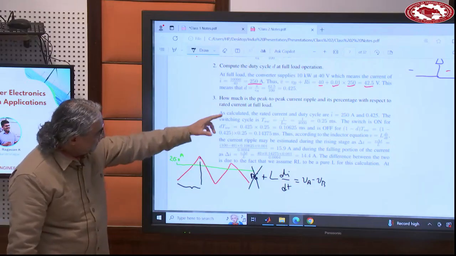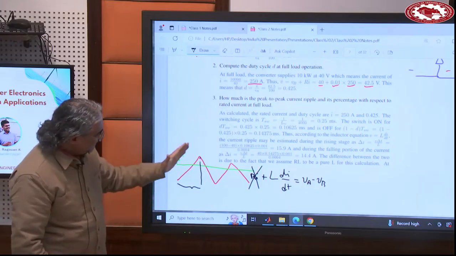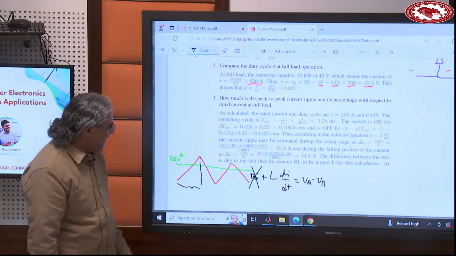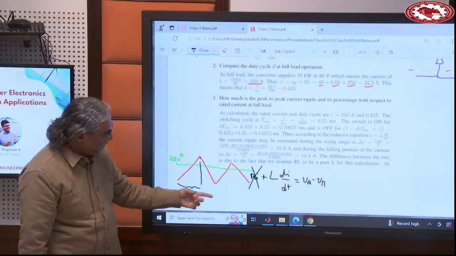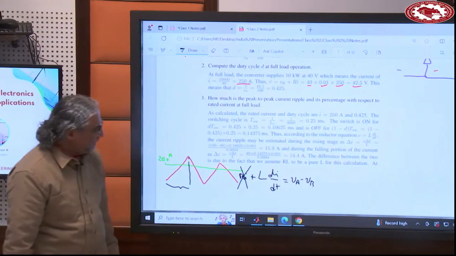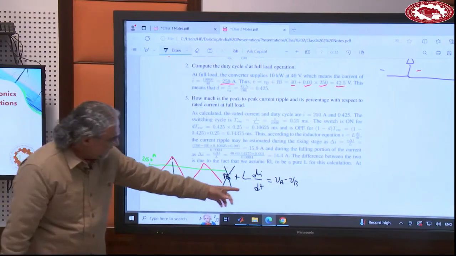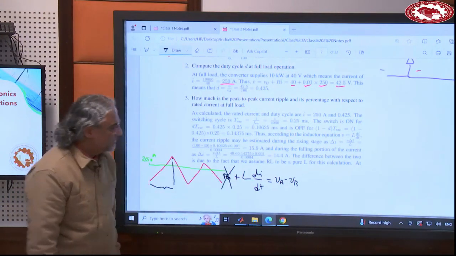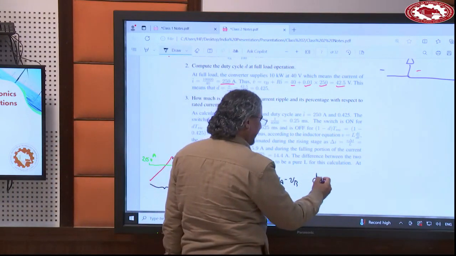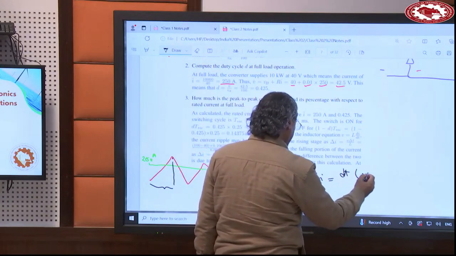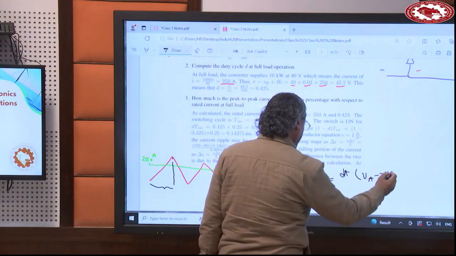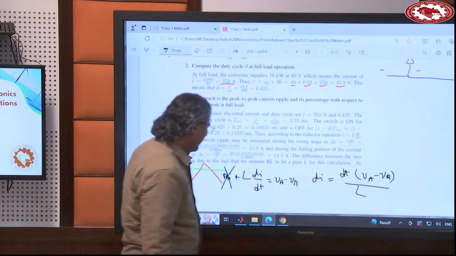Here, in this item, we are back to these ripples. Okay, so we have time, and we know this voltage is VA minus VB, and we know L, we have dt, we can find di. So delta I will be dt into VA minus VB divided by L.